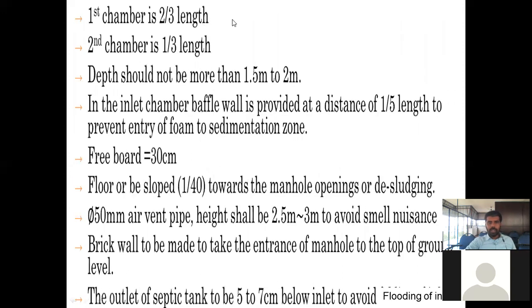So when we are trying to design a septic tank, a septic tank has a usual length. There is a particular length to be given for a septic tank, and a particular length and width to be given for each chamber also.